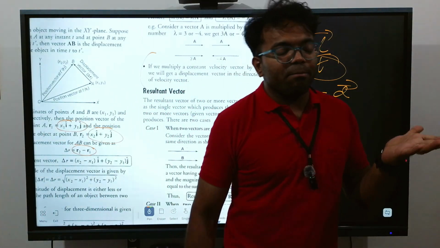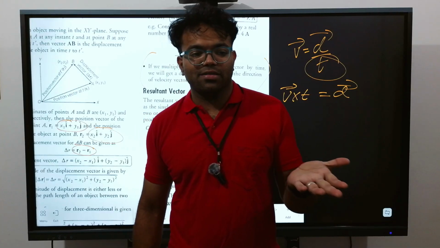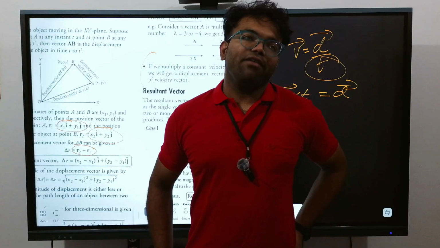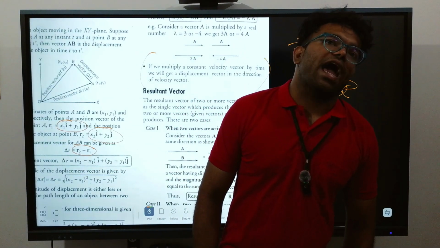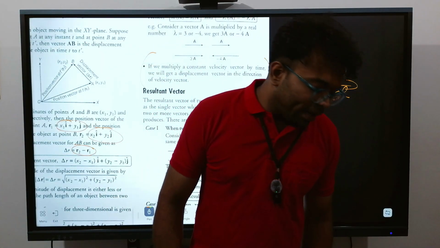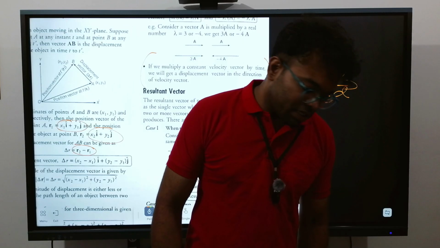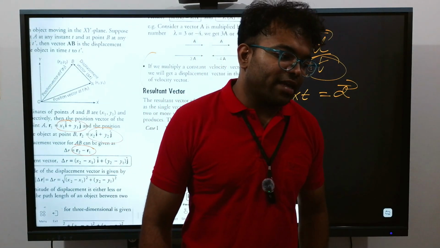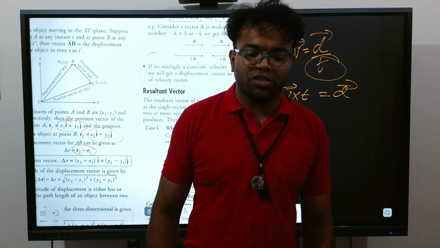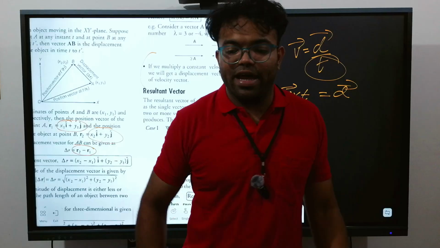Now, resultant vector. If there are multiple vectors, I'll start with this easy example. If there are multiple forces acting on an object, let's say there is a force acting on the object from the positive x direction, the negative x direction, the y direction, the negative y direction.